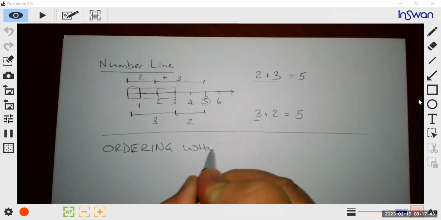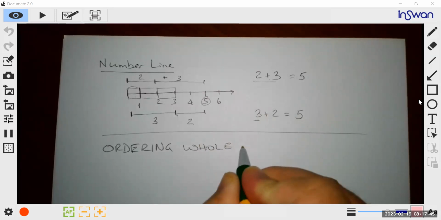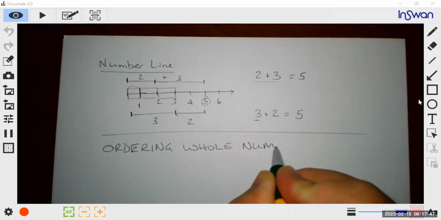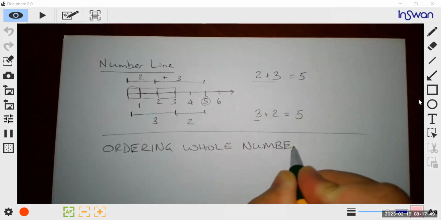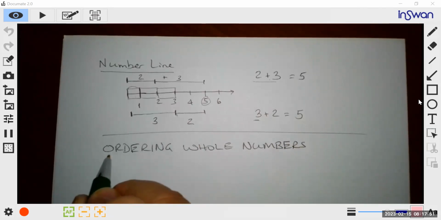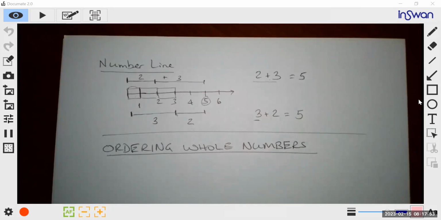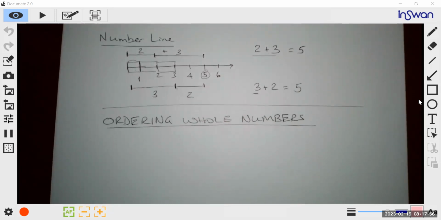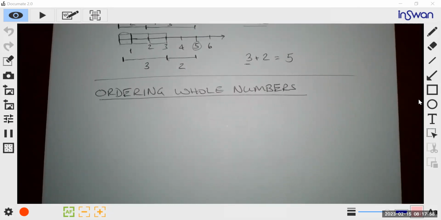Ordering whole numbers. What does it mean by ordering?